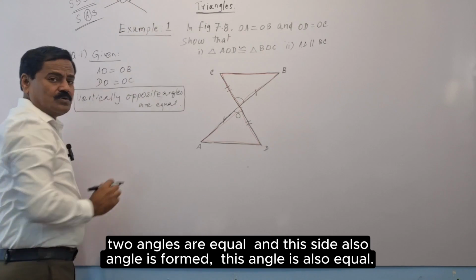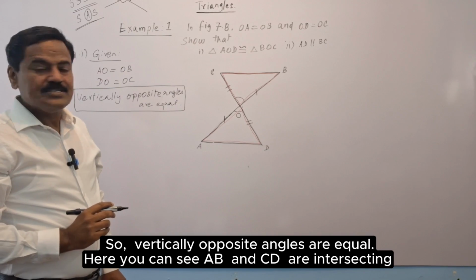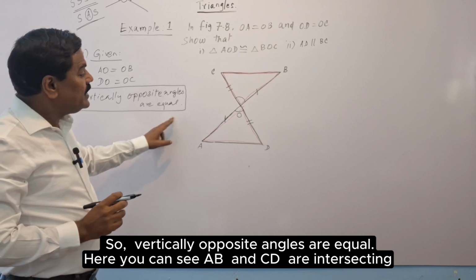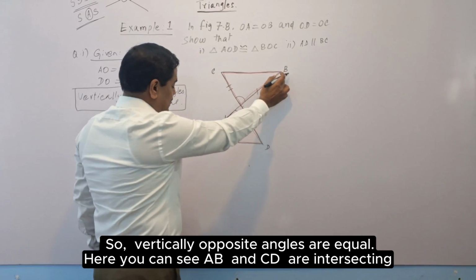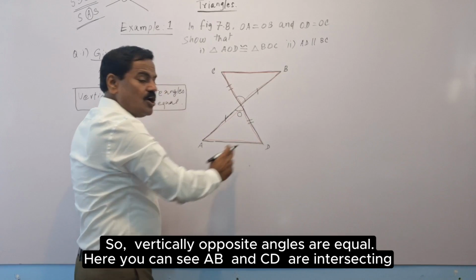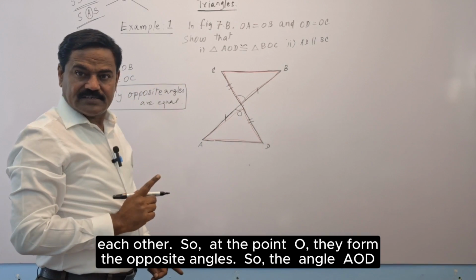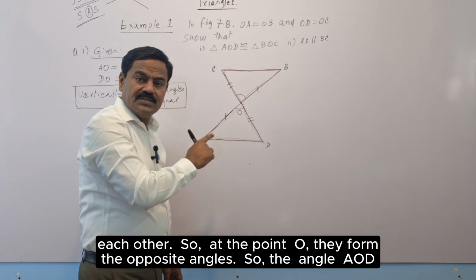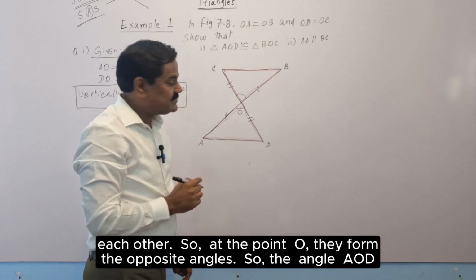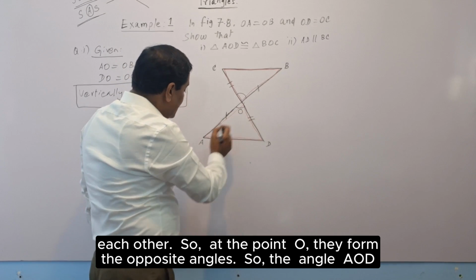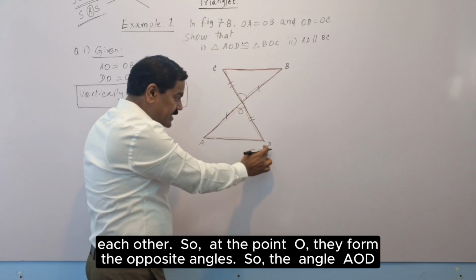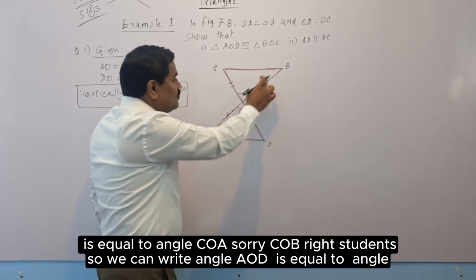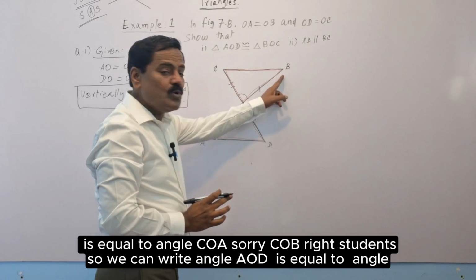This angle is also equal. So vertically opposite angles are equal. Here you can see AB and CD are intersecting each other, so at the point O, they form the opposite angles. So angle AOD is equal to angle COB.